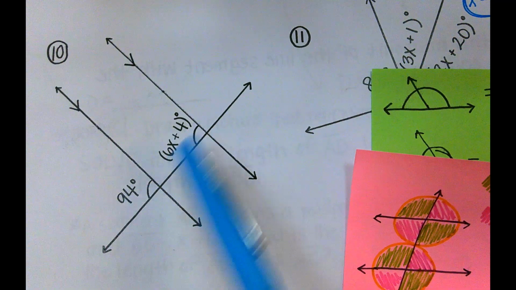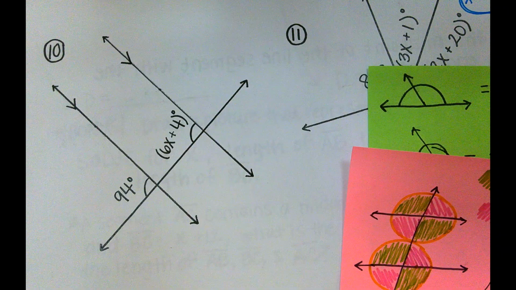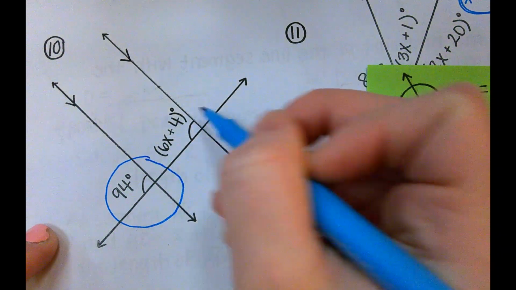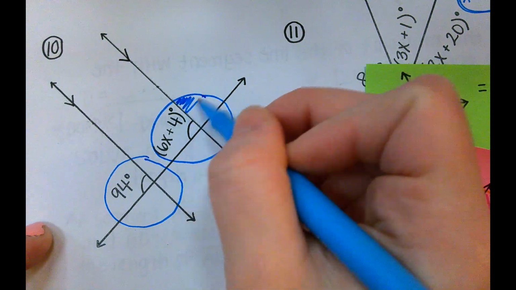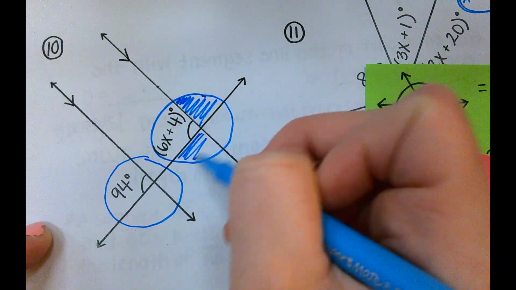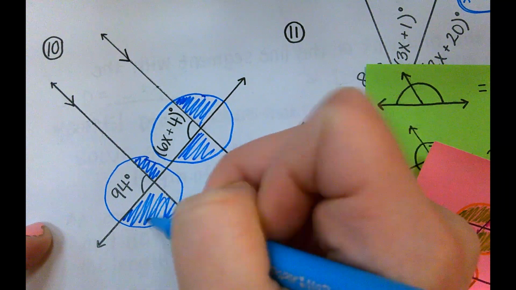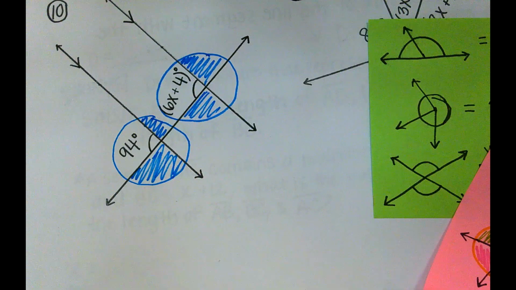We could also see that they both have one arc. That means they're equal also. Draw the circles just for fun. If I were to color these, they would be the same color. So they're equal. What equation can I write?